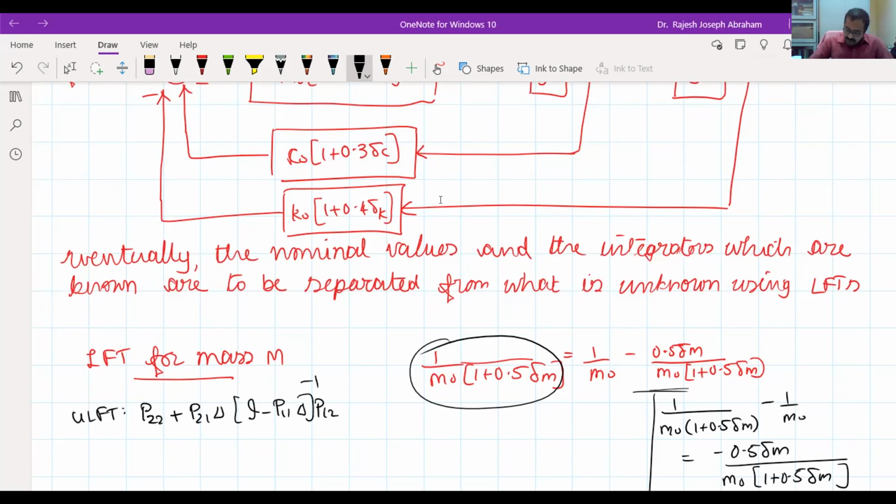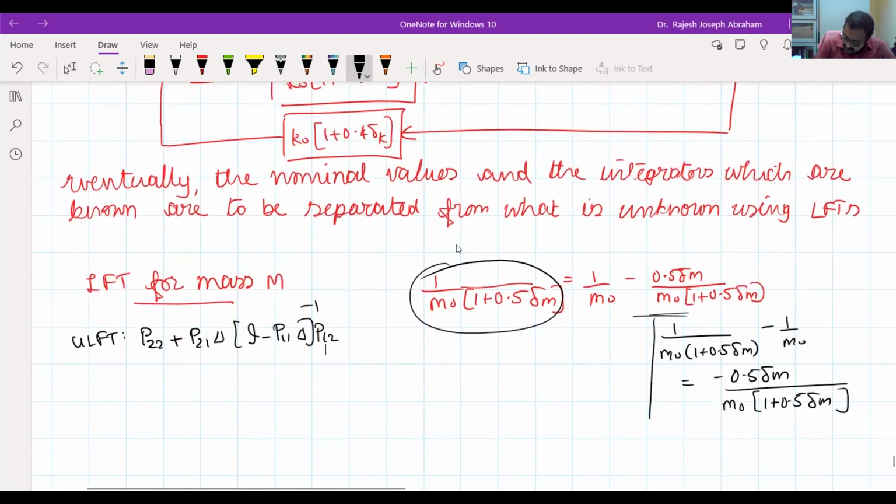Let me rearrange this term: it can be rewritten as 1 by m naught minus 0.5 delta m into 1 plus 0.5 delta m inverse. Now you just do a one-to-one comparison.